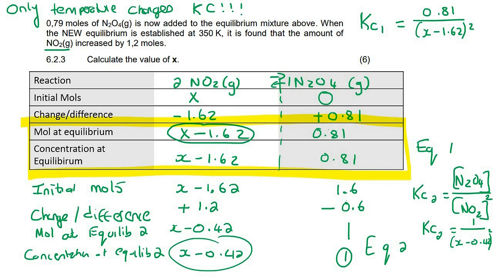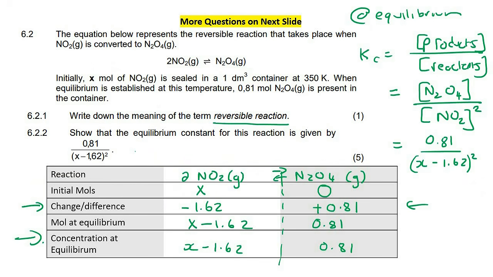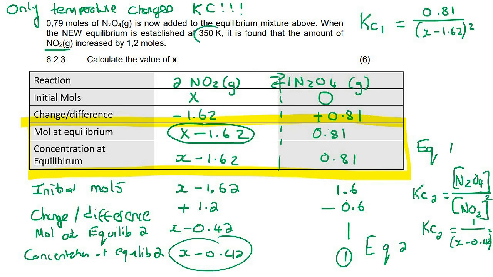Okay? So, if you look at the first part of the question, it was done at 350 Kelvin. This one is also done at 350 Kelvin. What this means, ladies and gentlemen, is that these two Kc values are equal. So we can now go make these two equations equal to each other. Some of you right now are like, oh my goodness. I know, me too. So it's going to be like 1 over x minus 0.42 squared.